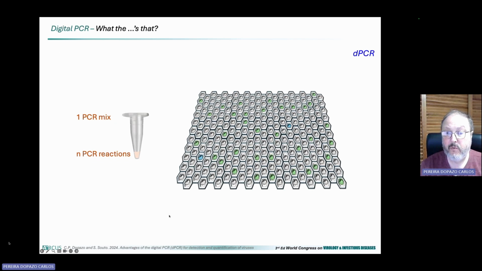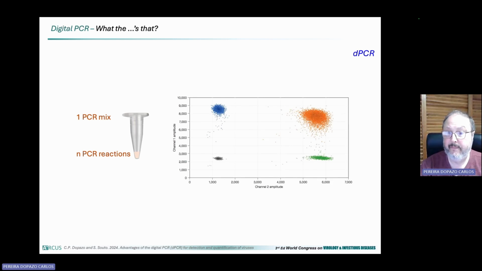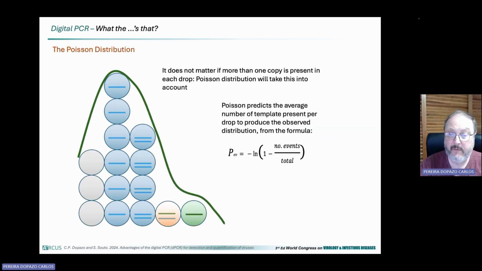So after the amplification, we are going to obtain two types of fluorescence, two colors, and this kind of graph, where we can see clouds of black drops with no label, clouds of drops with any of both original colors, those corresponding to template 1 or template 2, and clouds of drops with a mixture of both colors.